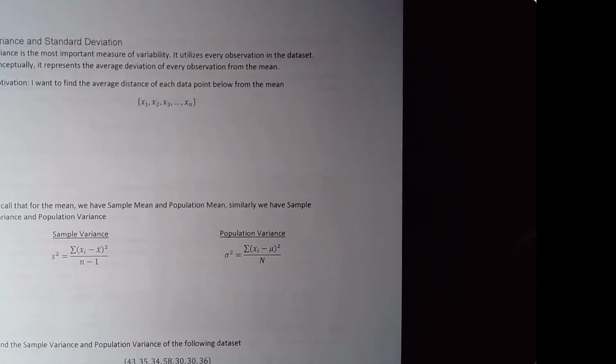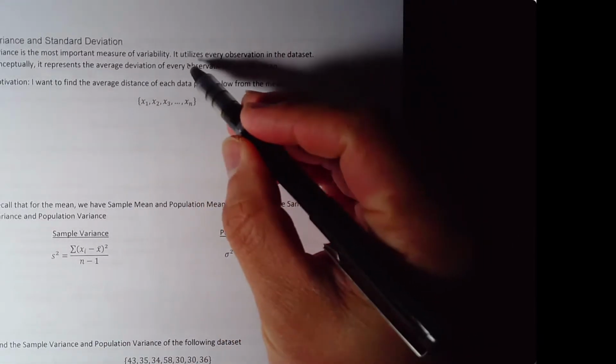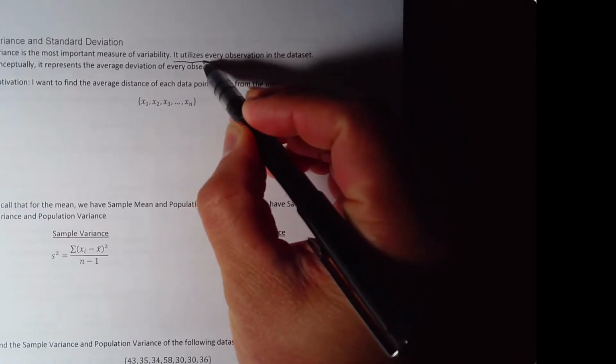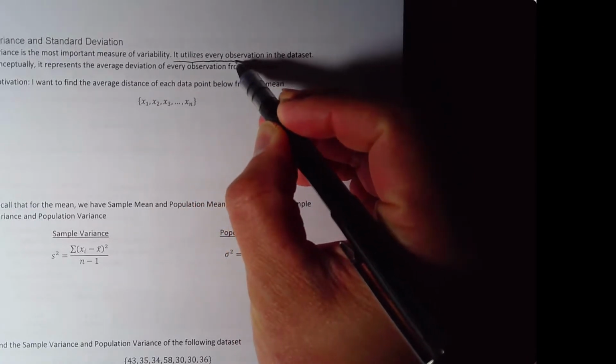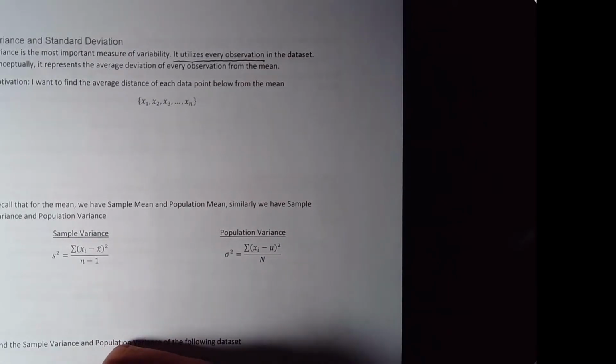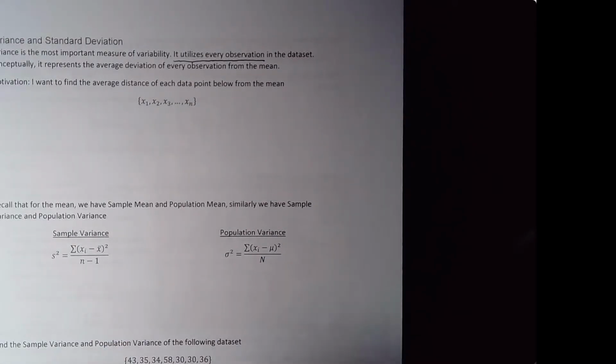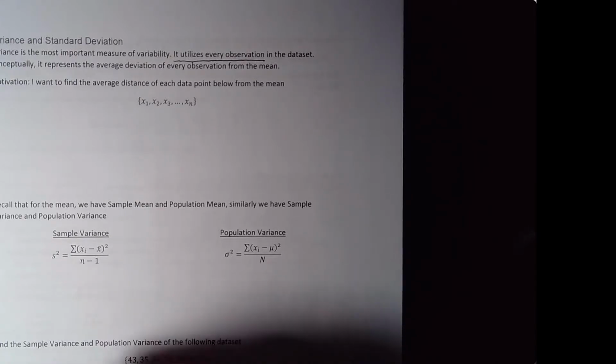It is the most commonly used, and I hope you see why. It utilizes every observation in the data set. Conceptually, it represents the average deviation of each observation, or each data point, from the mean.